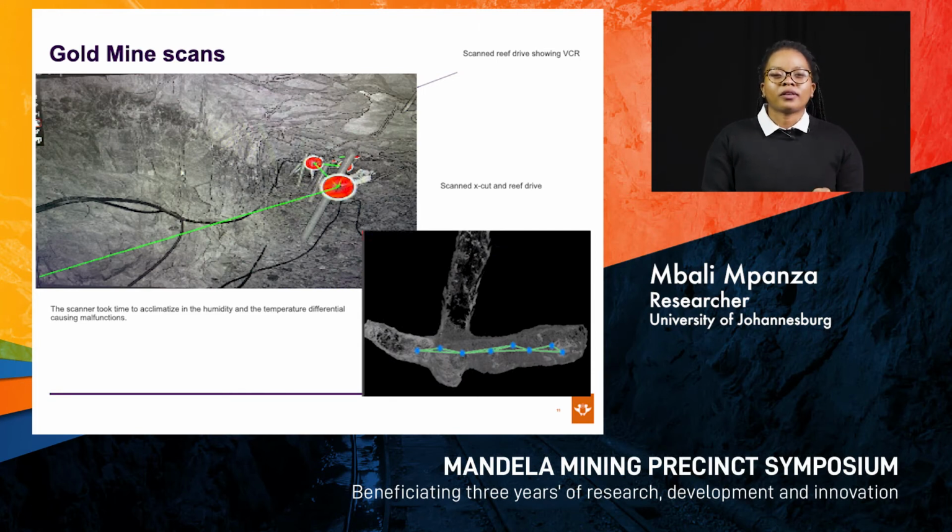What is good about this is you can actually read out the coordinates of the top reef contact from the point cloud data, from the scanned data. The bottom image is your crosscuts as well as the reef drive where we mapped. Shown there in green are the different points that were actually scanned, that were picked up by the scan.